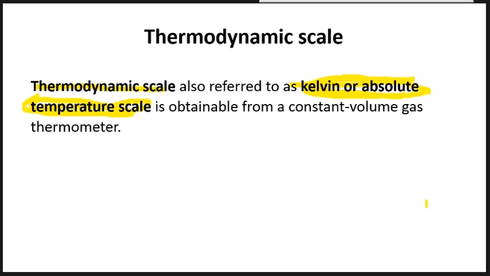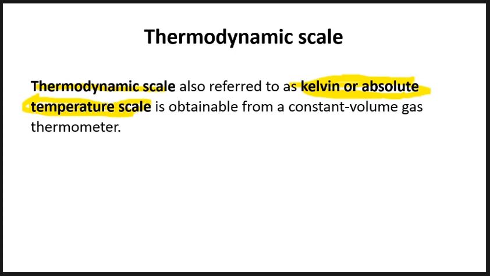Now, if we are considering a rare gas in a constant volume gas thermometer, whenever we decrease the pressure of the gas, there's going to be a corresponding decrease in its temperature. So definitely that means for a rare gas in a constant volume gas thermometer, decrease in pressure of the gas will result in decrease in temperature.